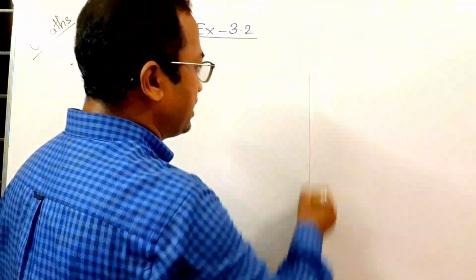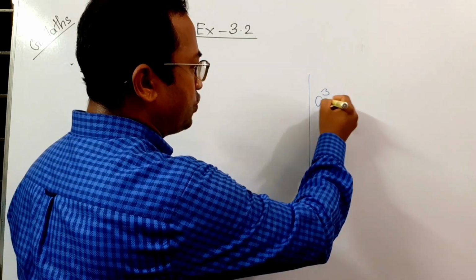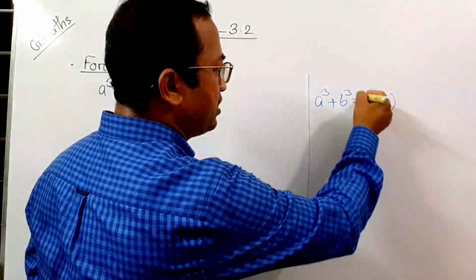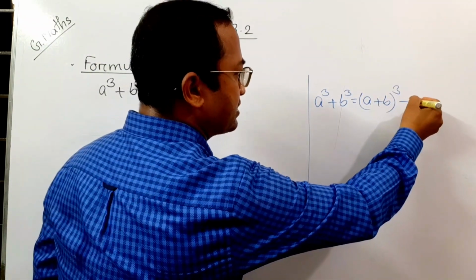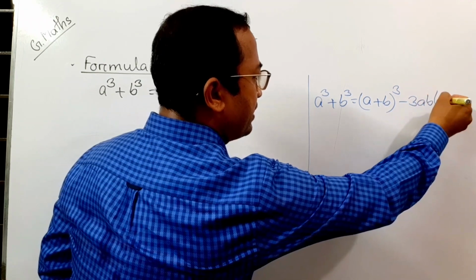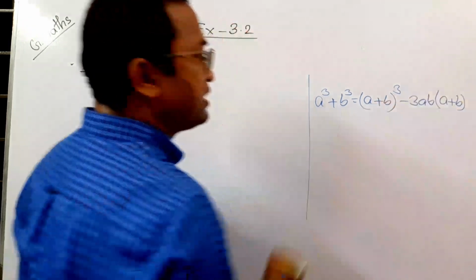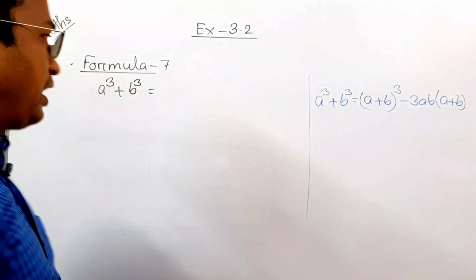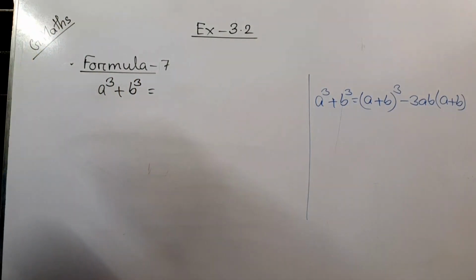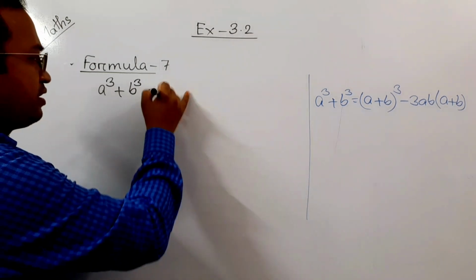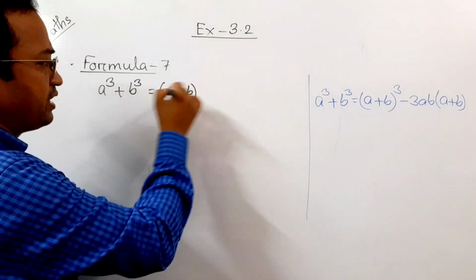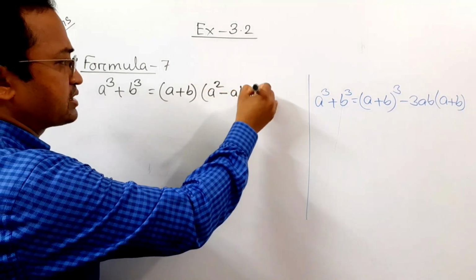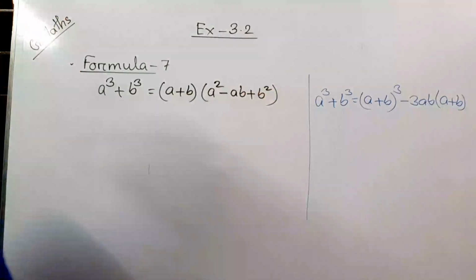Just now I have written a cube plus b cube equal to a plus b whole cube minus 3ab a plus b. This is the corollary for a cube plus b cube. And what is the formula of a cube plus b cube? That is a plus b a square minus ab plus b square.